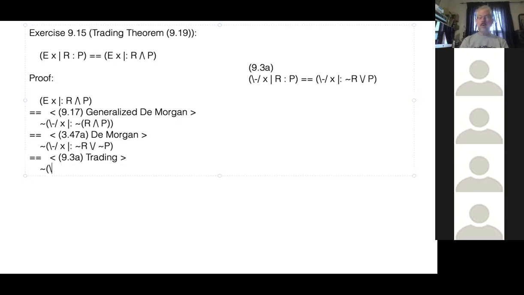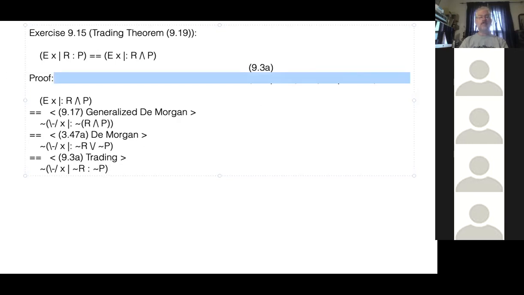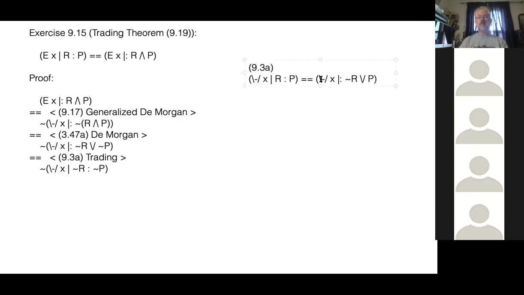And now we'll use 9.3a to move the not R into the range. So we're moving this part over here. And so in our case, that means we're moving this part into the range here.